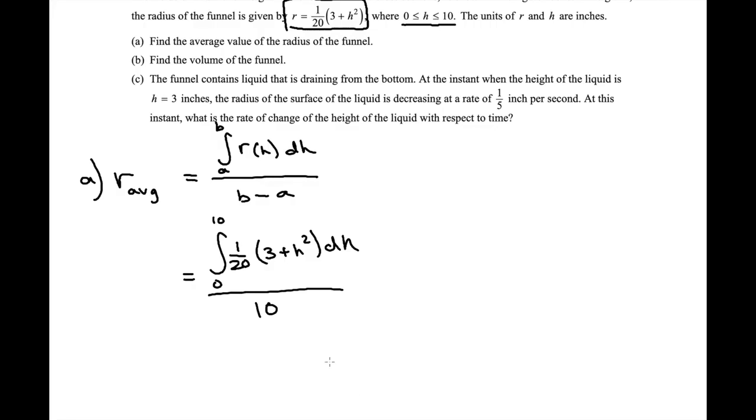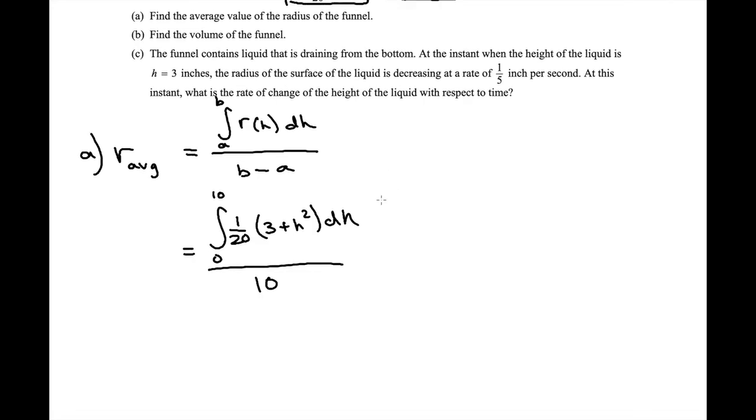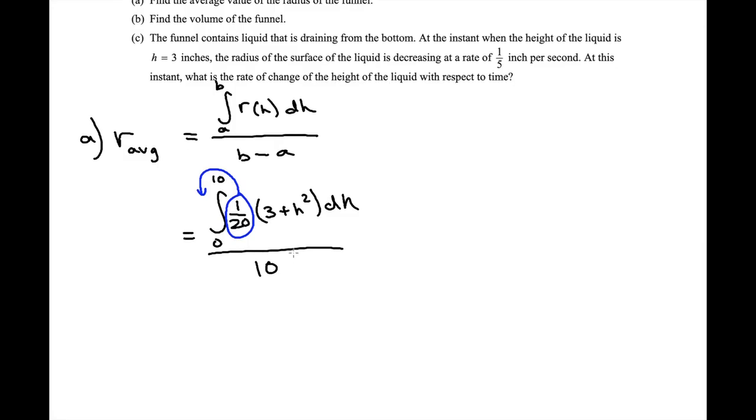Wonderful. Now, before I actually evaluate this integral, I want to do a couple of simplifying steps just to make everything look a little nicer. Firstly, I want to bring this 1 over 20 up to the front of my integral, and then I want to turn dividing by 10 into multiplying by 1 over 10, just so I don't have any hitches with my integration moving forward.